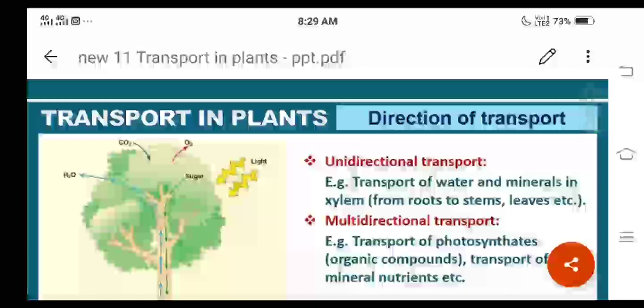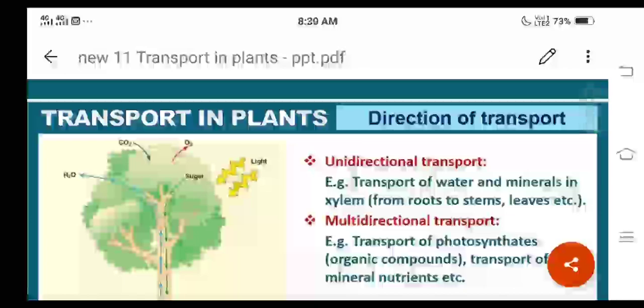What is the difference? If the substances move over very small distances, we call it transportation, and if the substances move over longer distances, it is called translocation.